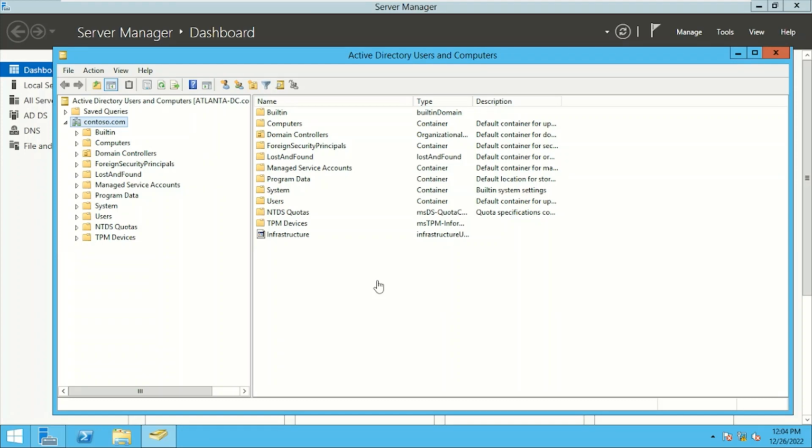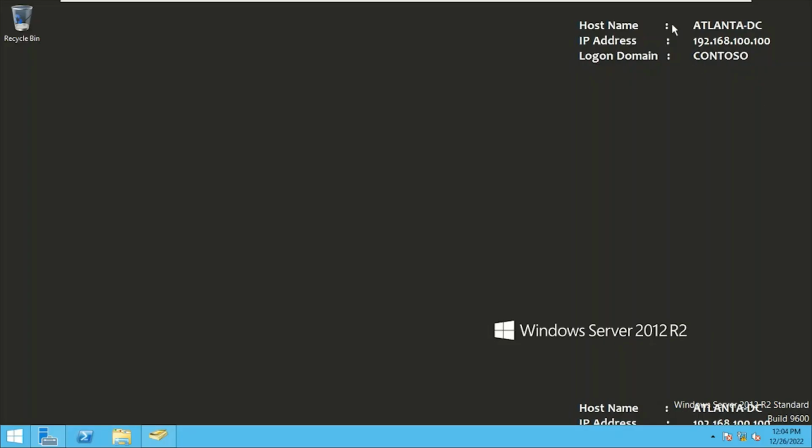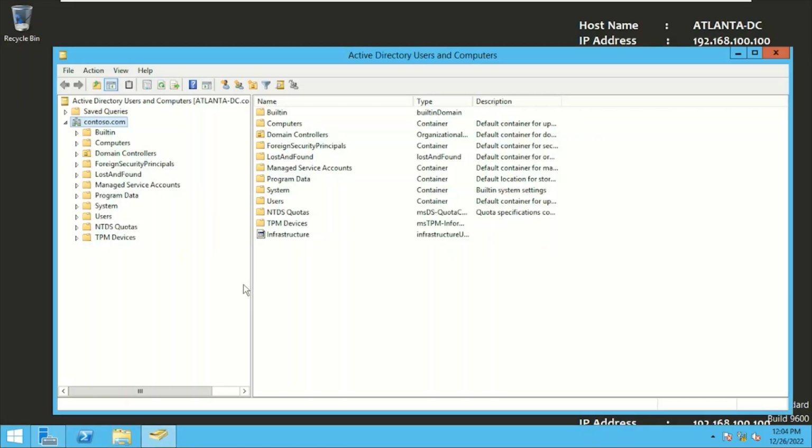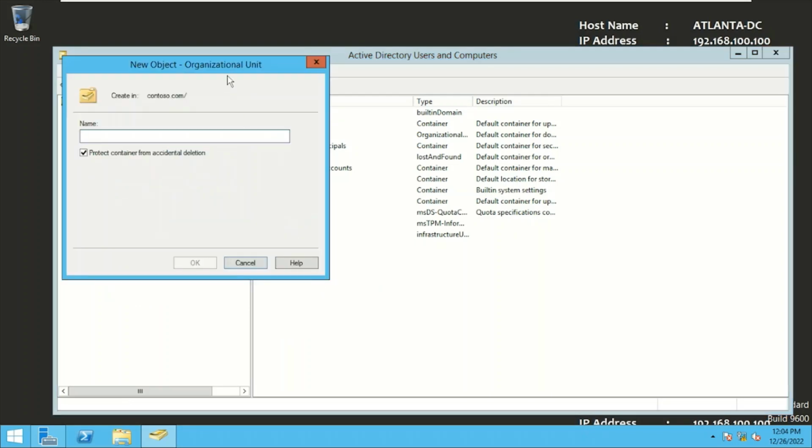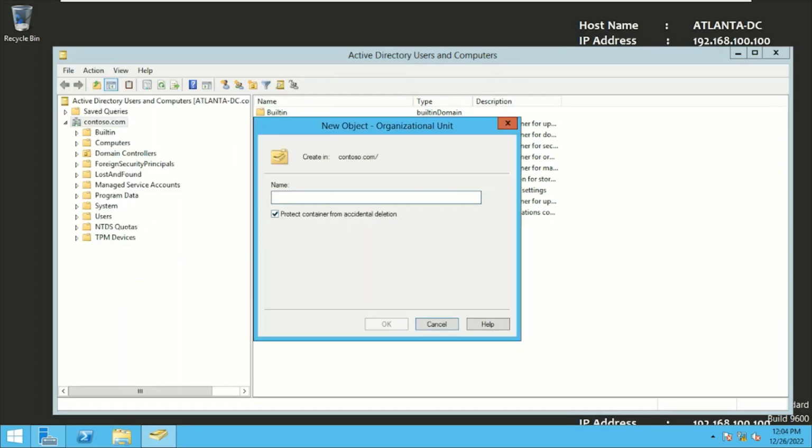So here we have logged on to the domain controller named Atlanta DC. Now let us implement or deploy the proposed OU structure. Let me create an OU named Organization on the domain root.